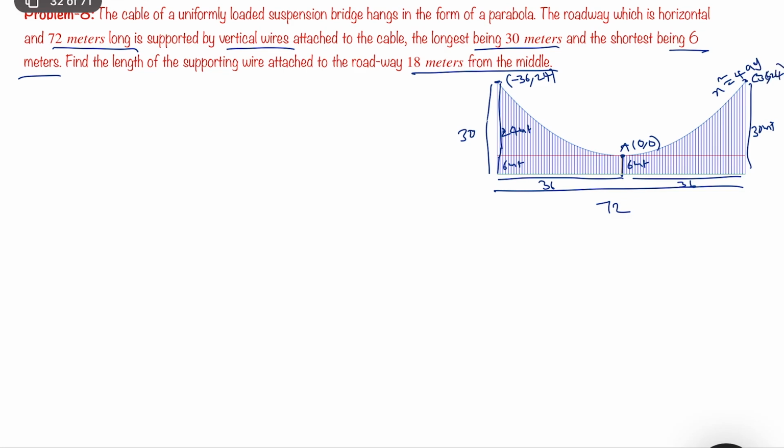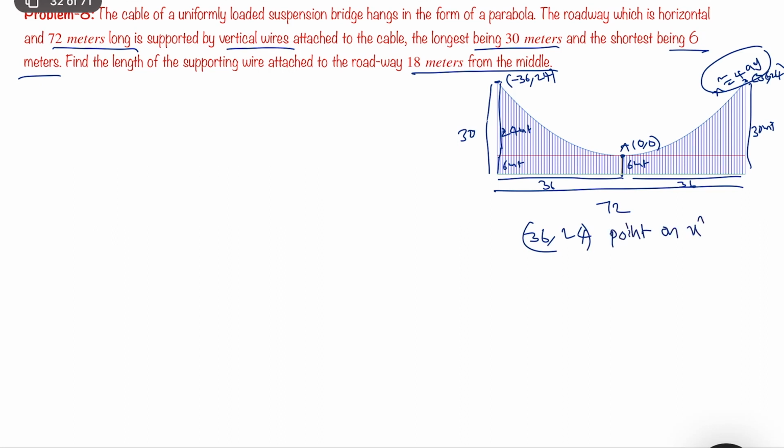Now let's decide this a. x square equal to 4ay means we know the equation of the parabola up to a. To decide a, we make use of this point on the parabola, 36 comma 24.